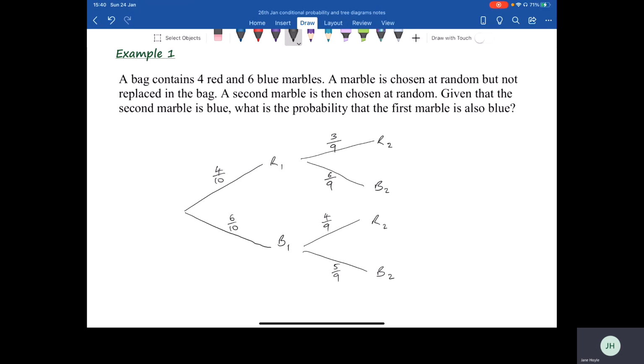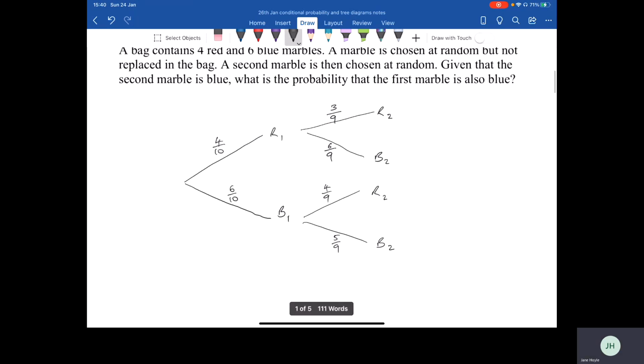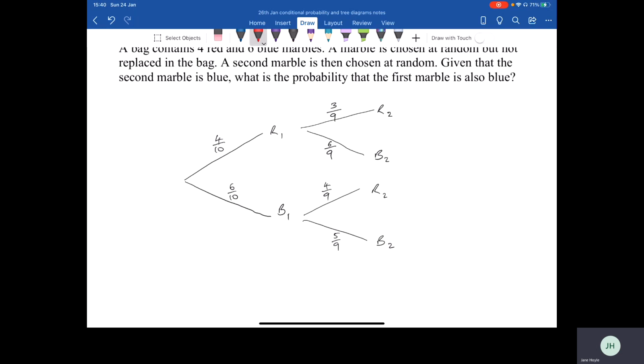That, of course, is saying red on the first pick and a red on the second pick, etc. So the probability that we need to work out is the probability of the first marble being blue. I've called that blue 1, given the fact that the second marble is blue.